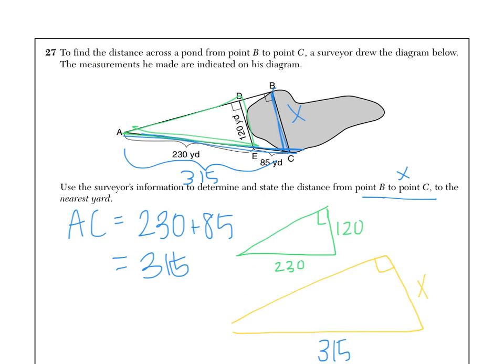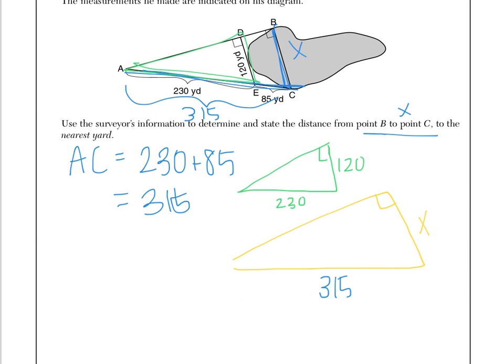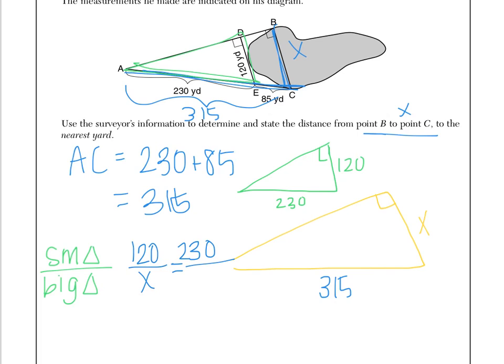Corresponding parts, if we have triangles that are similar, corresponding sides are in proportion. So something like small triangle over big triangle would work perfectly here. So if we go with 120 over X, it's equal to 230 over 315.